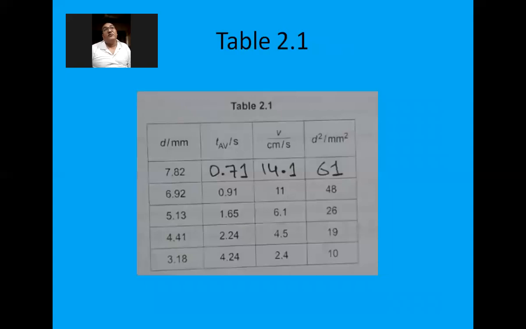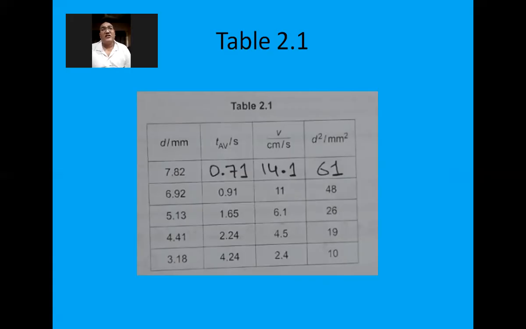If the time which you are measuring is very small, for example, for this larger sphere, the average time is 0.771 second. And the human reaction time is also maybe 0.5 second. Some people have very short reaction time, some people have longer reaction time, but on average it is like 0.5 seconds.